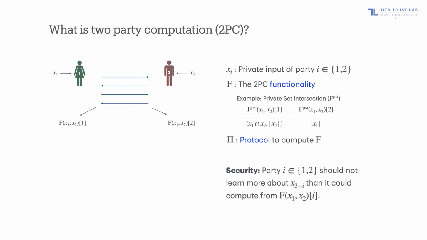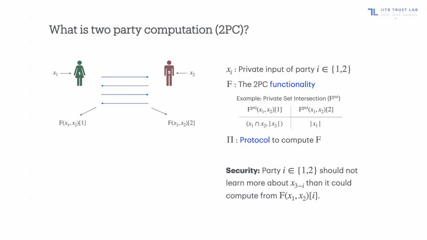So you all probably already know about two-party computation, but to ground our discussion, I'll identify some of its key elements. In two-party computation, we have two parties, party 1 and party 2, with their private inputs x1 and x2. They engage in some kind of interaction to get the desired result.